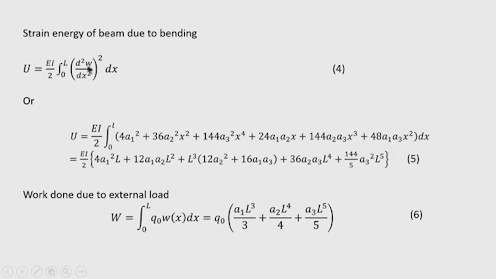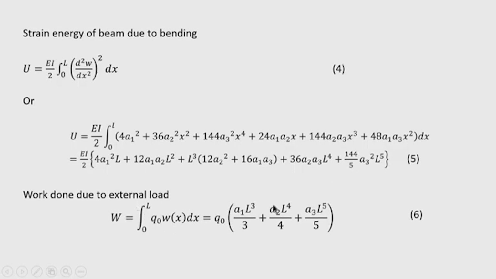So, after evaluating the strain energy, we get U is equal to EI by 2 times [4 A1 square L plus 12 A1 A2 L square plus L cube (12 A2 square plus 16 A1 A3) plus 36 A2 A3 L to the power 4 plus 144 by 5 A3 square L to the power 5].